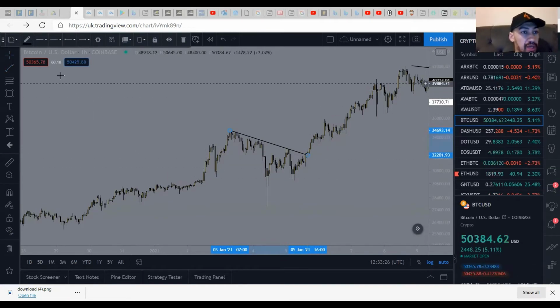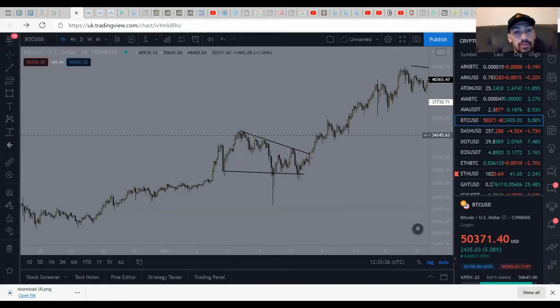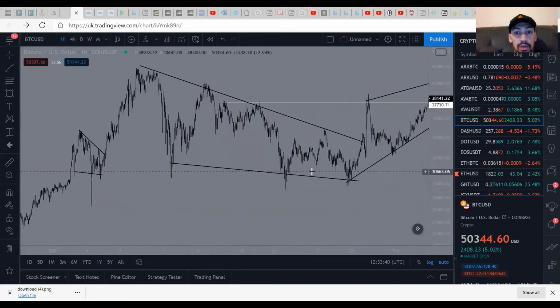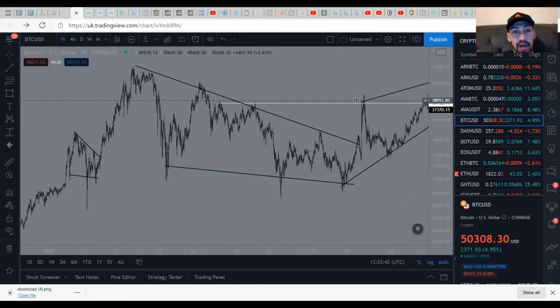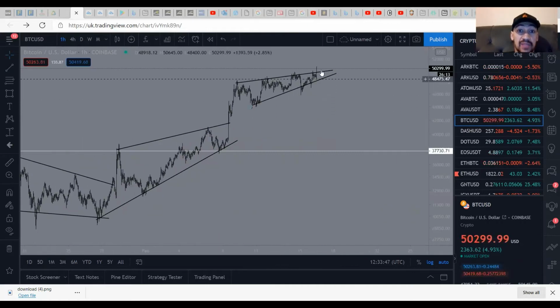It's quite ridiculous, to be honest. Another wedge pattern here. 1, 2, 3, boom. Another one here on a bit bigger time frame, breakout up there. Another one here, breakout to the upside there. And I expect a big breakout to the upside here as well.